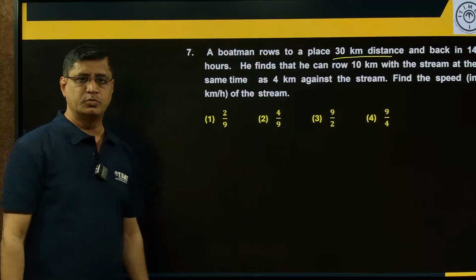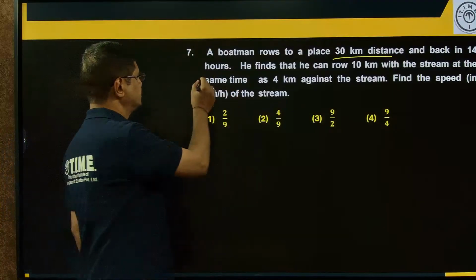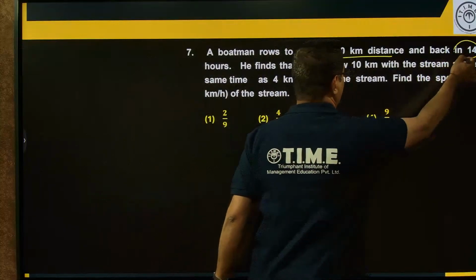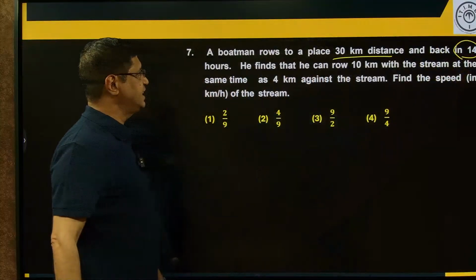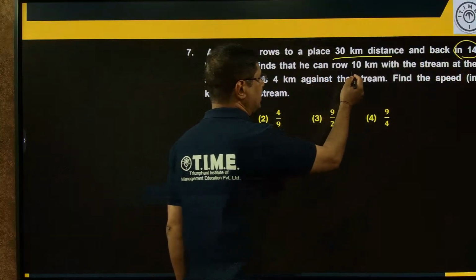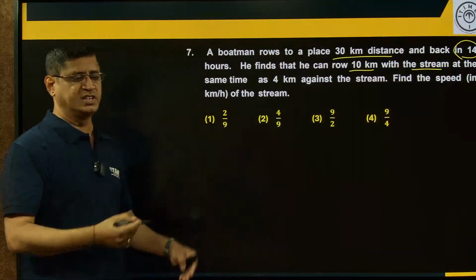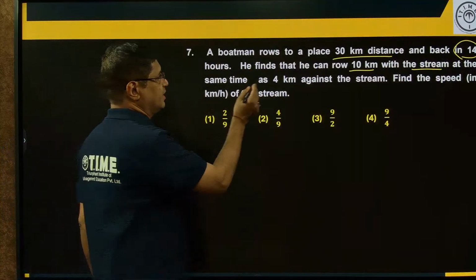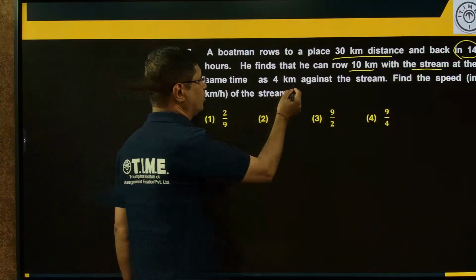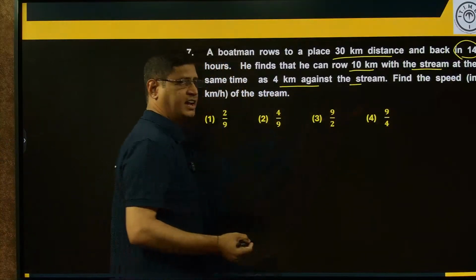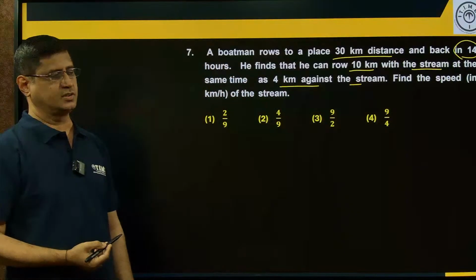Total time taken here is 14 hours. He finds that he can row 10 km with the stream, with the stream means along with the stream, and at the same time 4 km against the stream. Against the stream is the opposite direction.